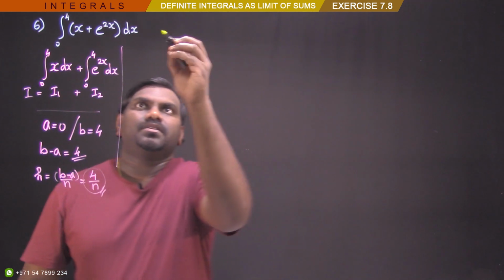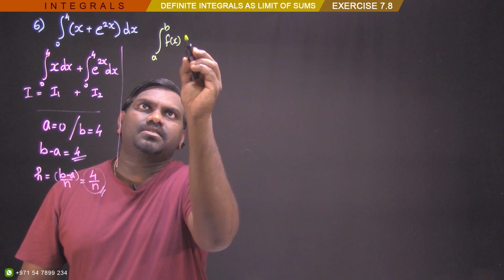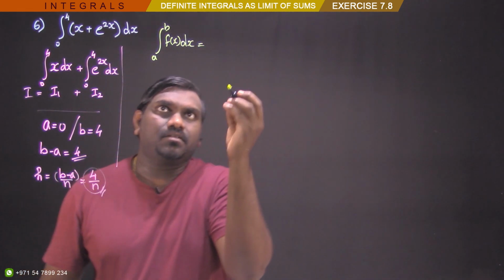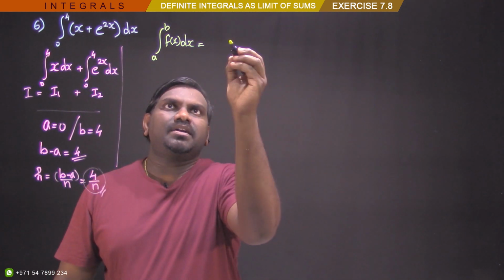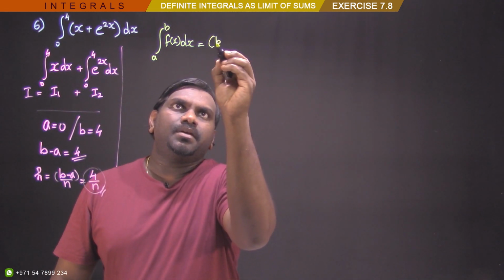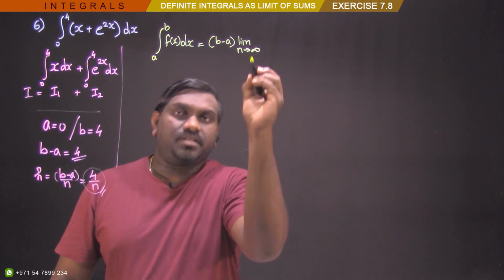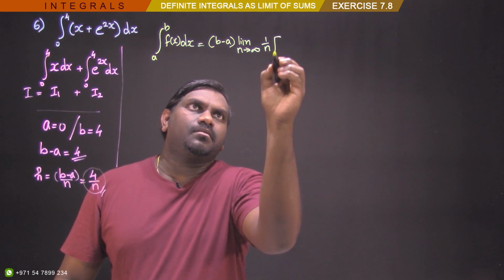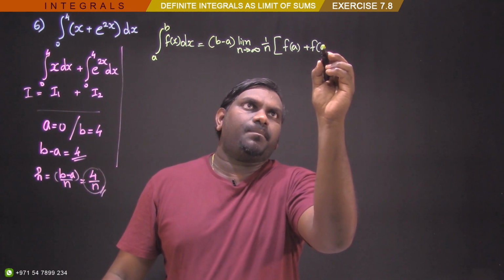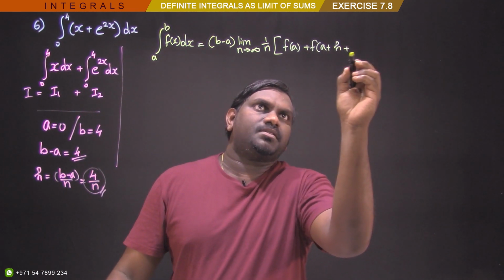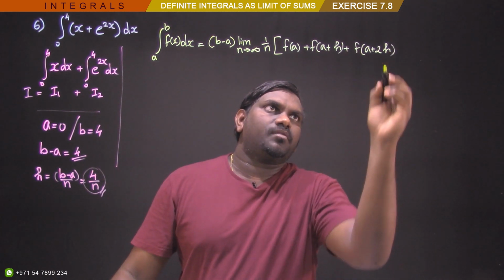And what is the formula? The first step: the integral from a to b of f of x dx. We know that it gives me the limit of the sum, that is b minus a, limit n tends to infinity, 1 by n, f of a plus f of a plus h plus f of a plus 2h, right?